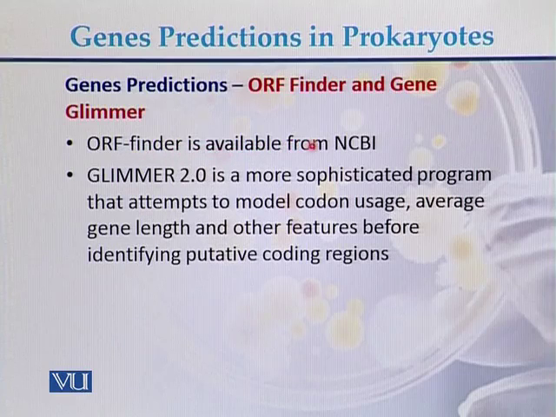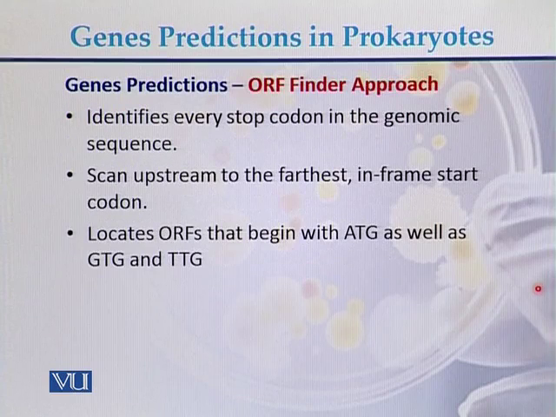ORF Finder is available from the NCBI, and Glimmer is a more sophisticated program that attempts to model codon usage, average length, and other features before identifying the putative coding regions. So ORF Finder and Glimmer are two programs used for the prediction of genes, specifically in prokaryotes.